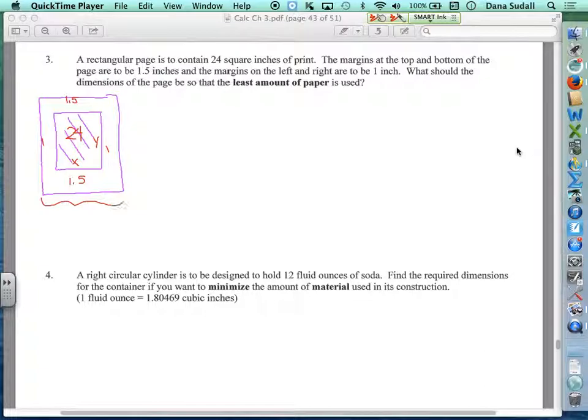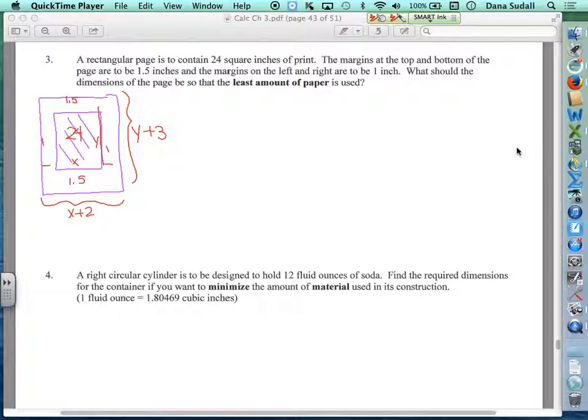So the dimensions of the page would be this x for the print plus each of these little ones on the side here. So x plus 2 would be that width for that page. The length of the page would be the print for the y plus the 1.5 on either side there. So it would be a y plus 1.5 plus 1.5 would be y plus 3.